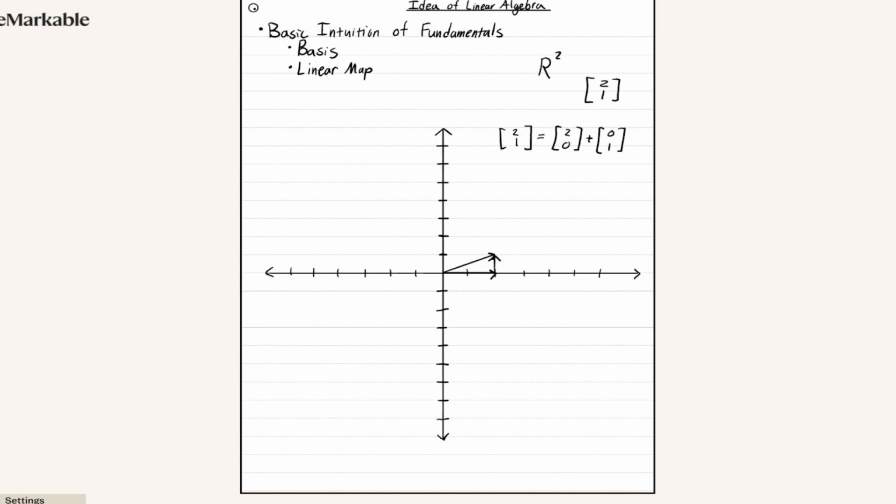If we wanted to break this down even more, we could say that it's equal to this plus this vector plus this vector. That's the same as saying it's equal to this.